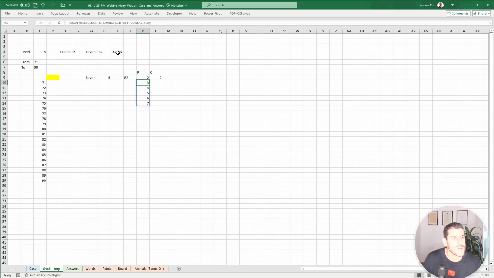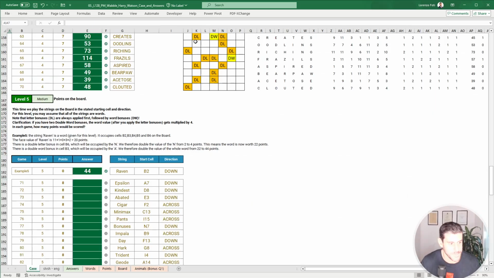Okay, and I need like this, and then this will be a cross. Okay, so the rest of this will give me my starting one, and so those will be the placements of the letters.